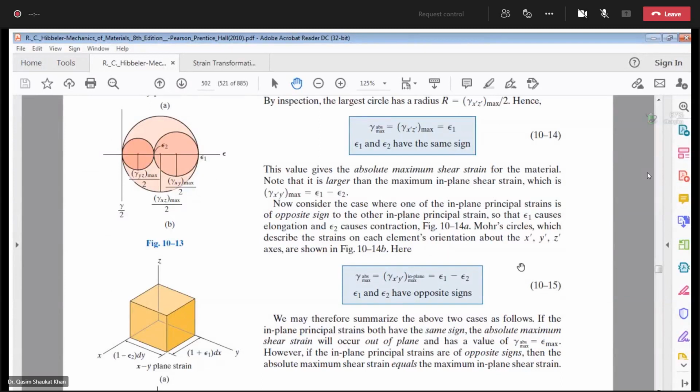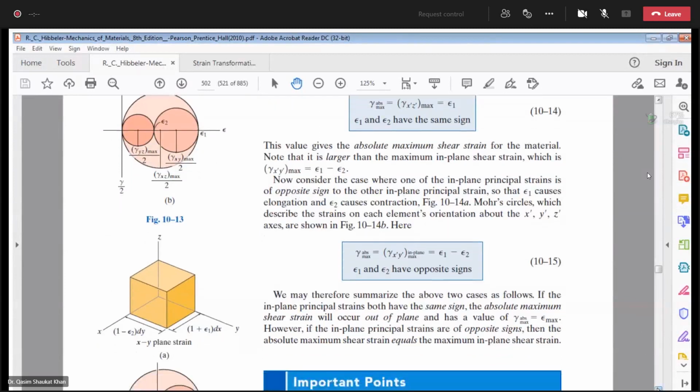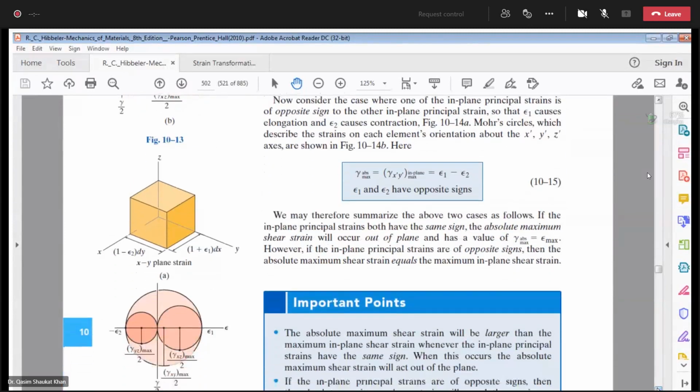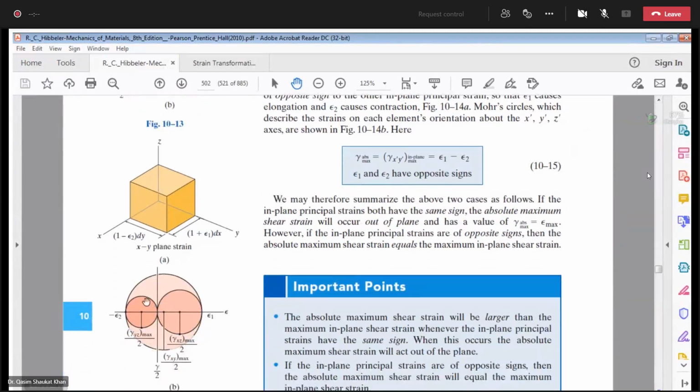Okay, and corresponding to this you will draw the Mohr circle, and you can see this one including epsilon 2.